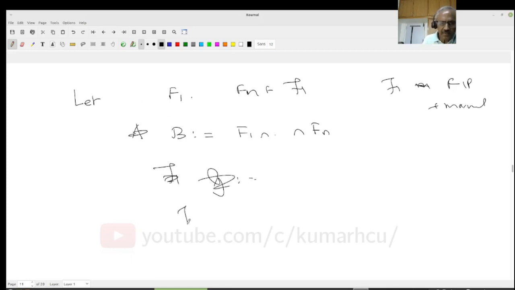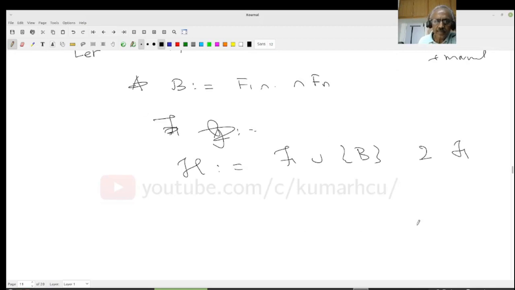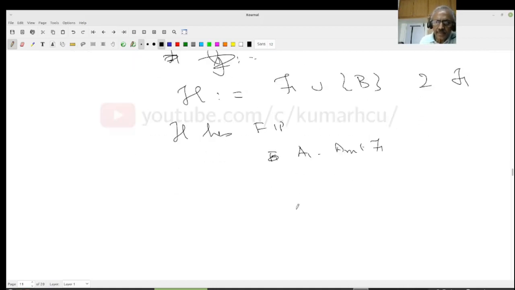Maybe I will call it H equal to script F union B. And this contains script F. Then H has FIP. That is very clear because you start with any elements, not this F1, but some A1, A2, ..., AM in F. As earlier, I can take B intersection A1 intersection ... intersection AM.